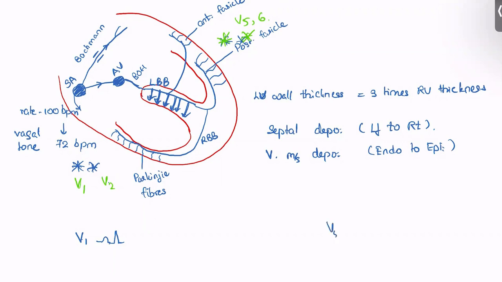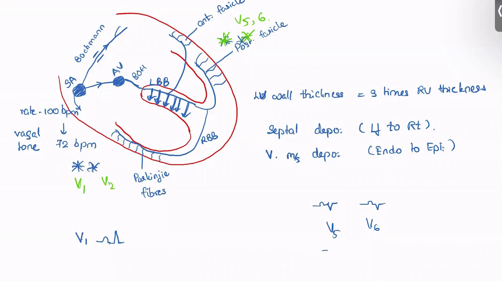For V5 and V6, it goes downwards, because it is moving away from the electrode. So the first part of the QRS complex denotes septal depolarization, and in the second part the right and left ventricles depolarize simultaneously.